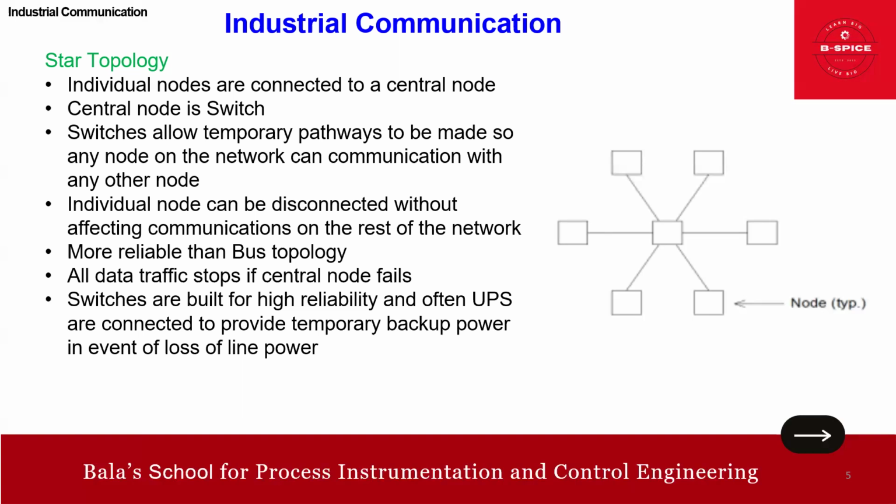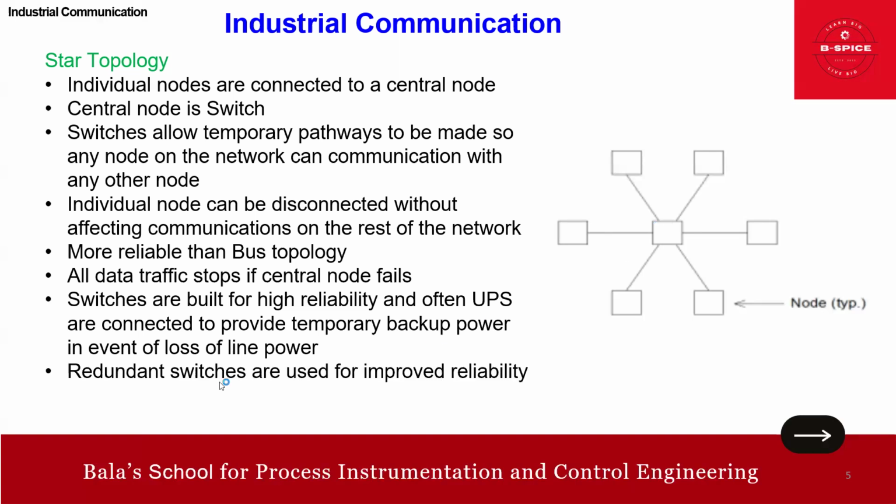That is the beauty. Sometimes redundant switches are also used to improve the reliability. In that case, each node has two ports with separate cables attached to each distributed node.